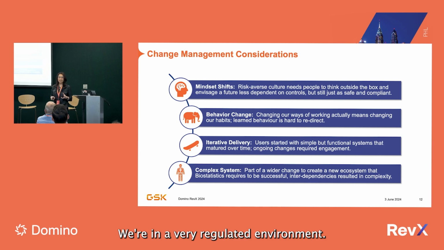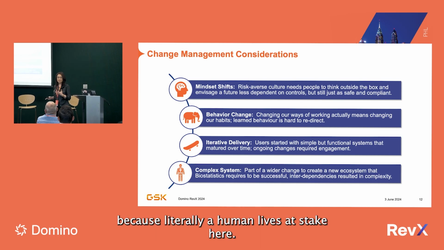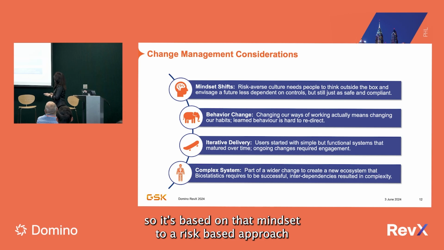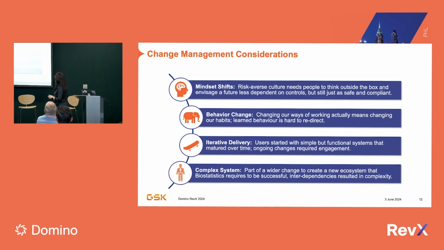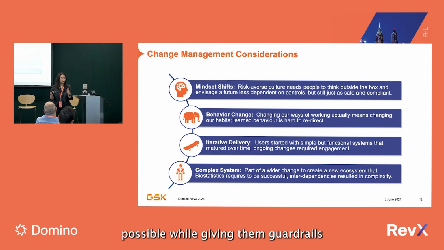We're in a very regulated environment. Everything we see, double QC, triple QC, make sure there's no mistake, because it's really human lives at stake here. So shifting from that mindset to a risk-based approach, and also giving them the flexibility to do the job in the best way possible while giving them those guardrails.